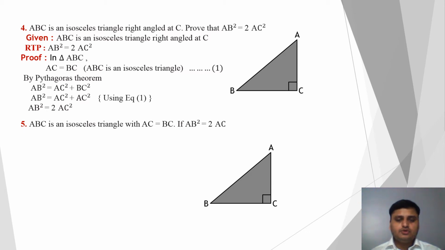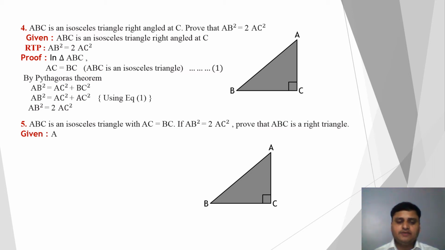It is said in the question that if AB square is equal to 2AC square, then we need to prove that triangle ABC is a right triangle. For that, we have drawn the figure, and it is just the converse of the previous question number 4.